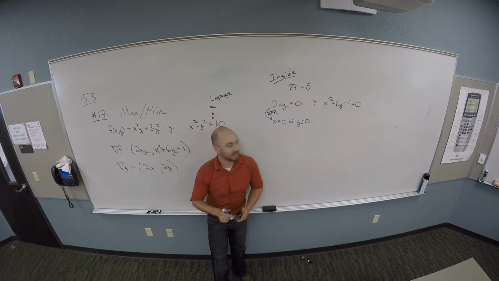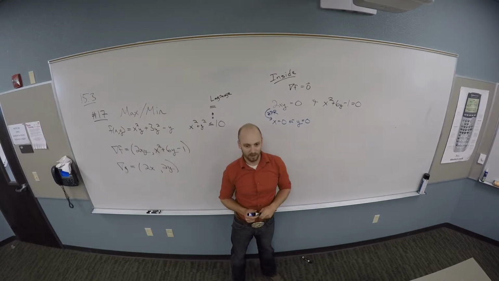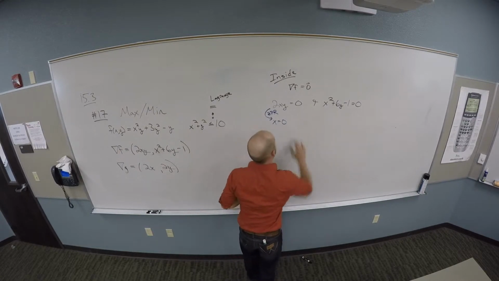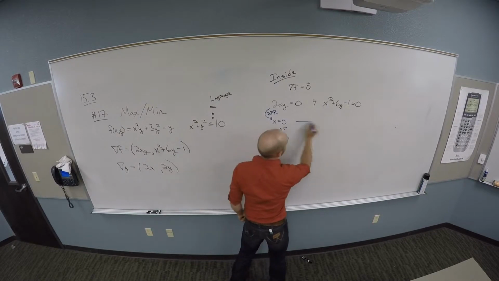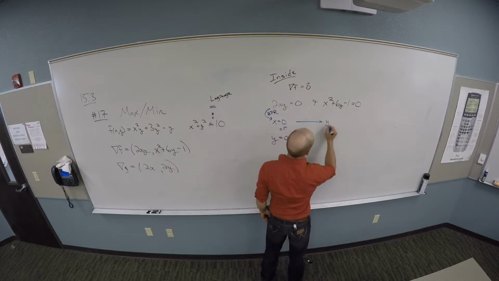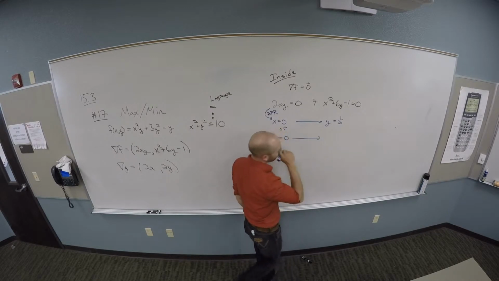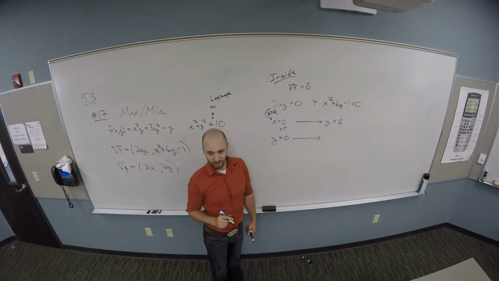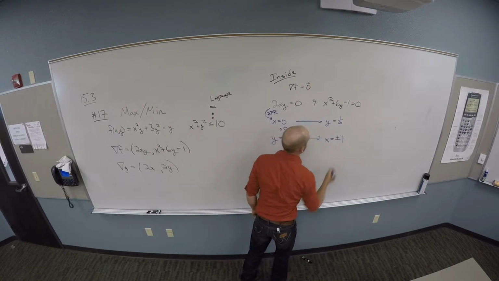Okay. If x is 0, over here, what do you get? 1/6. So if x is 0, that forces y to be 1/6. If y is 0, that forces x to be plus or minus 1.